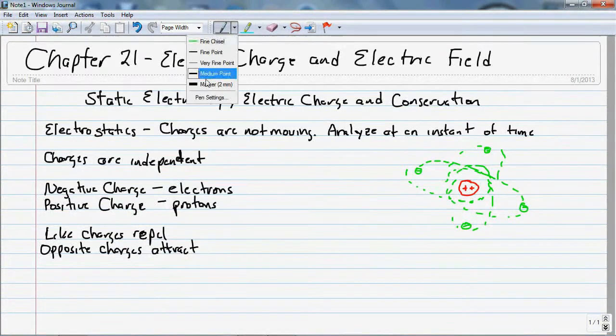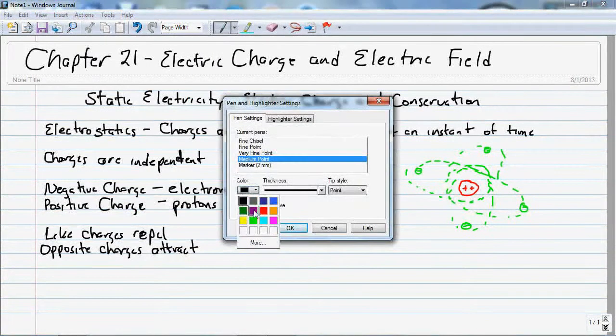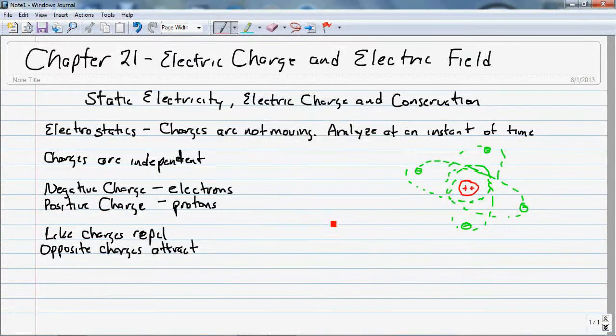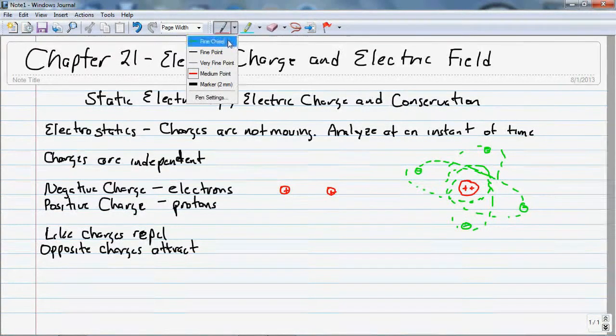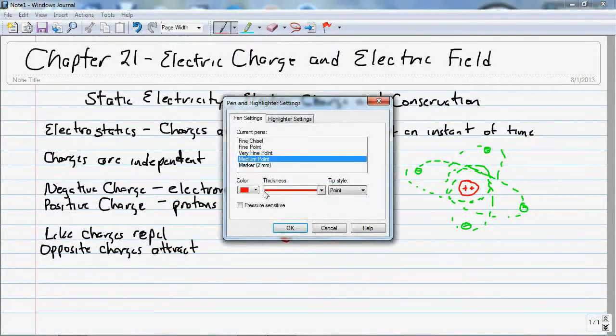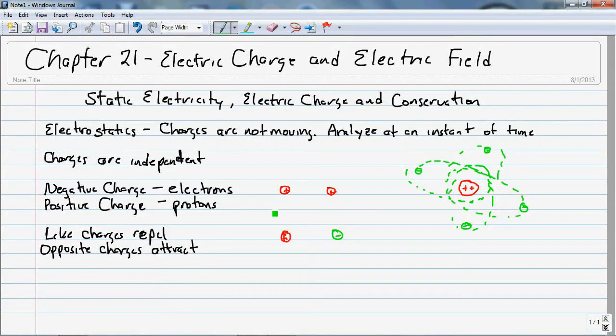So if I have a positive charge and a positive charge, I can have a positive charge and a negative charge, and I can have two negative charges.